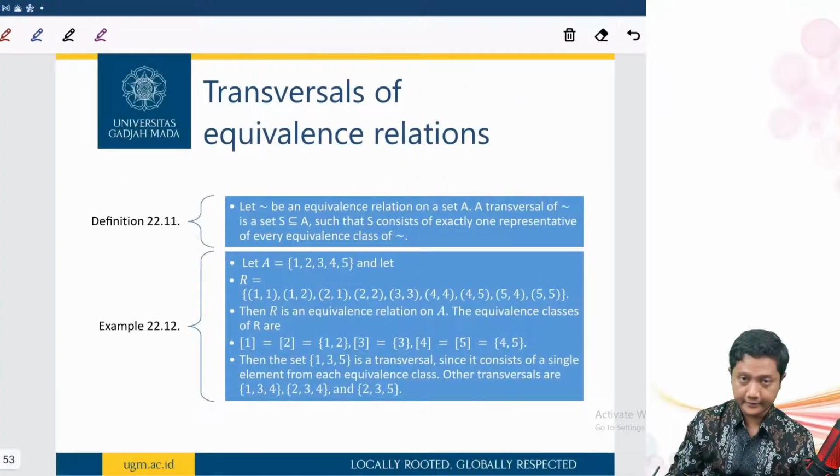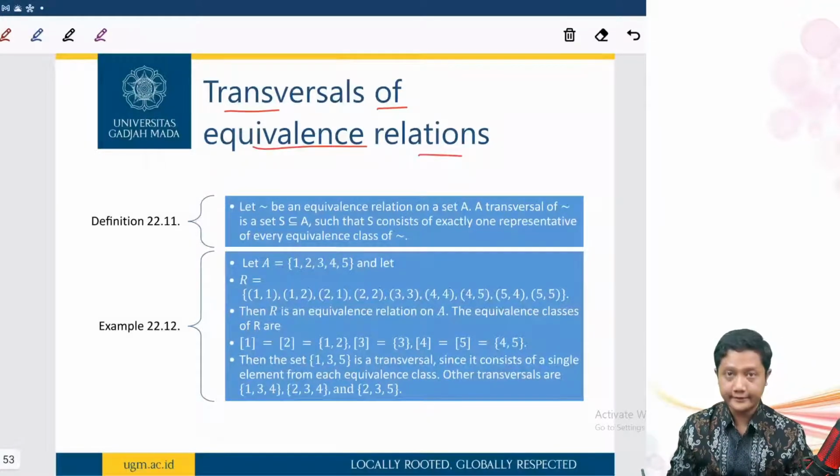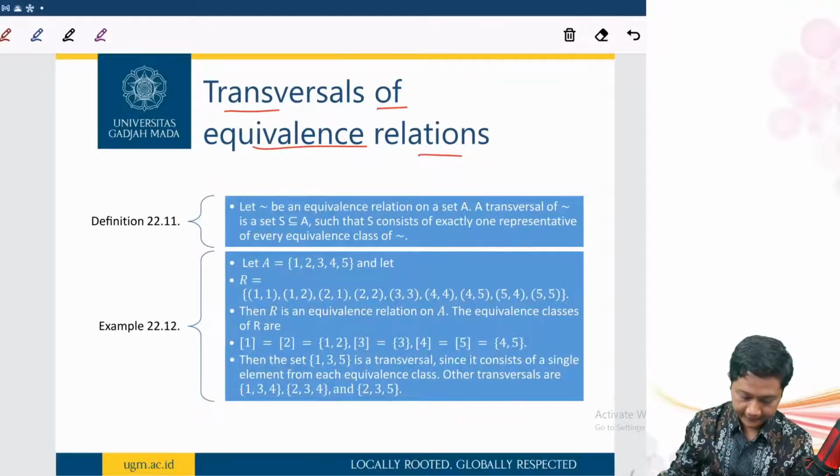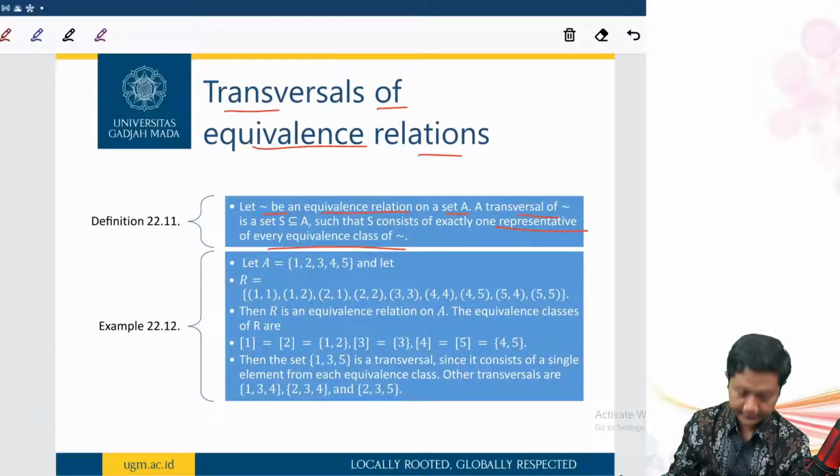And the last topic for this video is about the transversals of equivalence relations. This is like the representative for every equivalence class. So when we have an equivalence relation on set A, the transversal is the set of representatives. So this is the example.